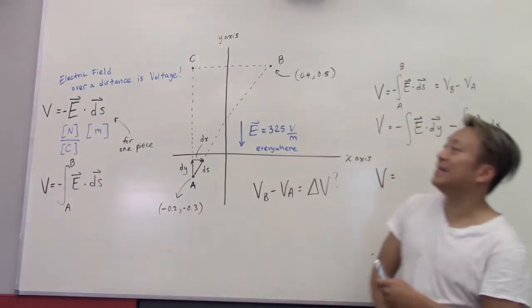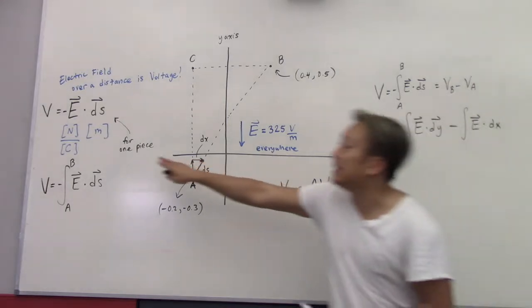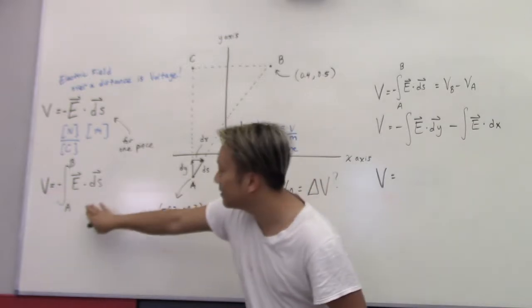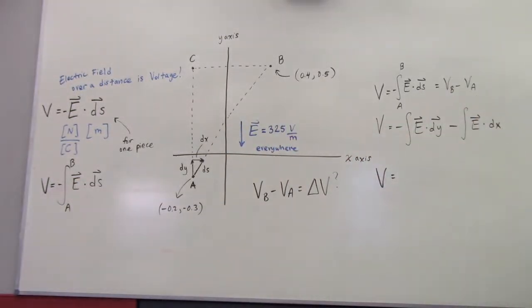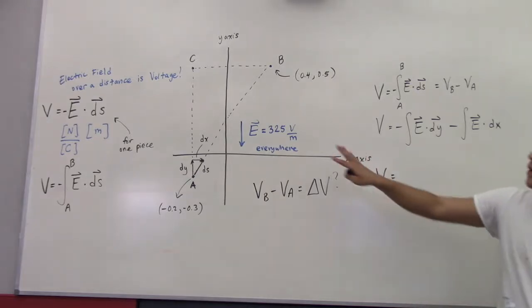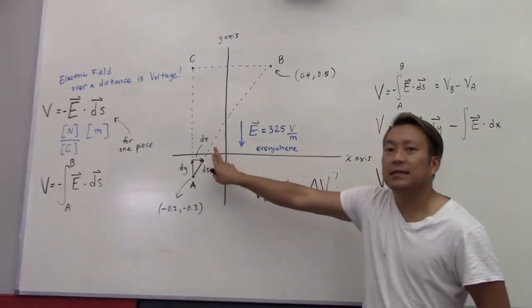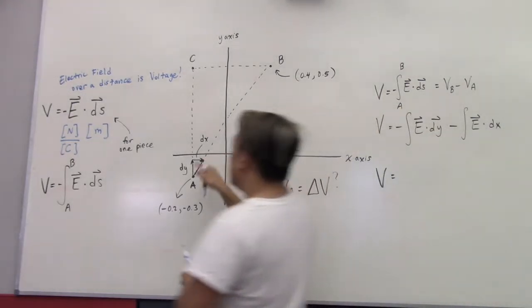Negative E dot ds is the voltage for one piece, but you're going to have to add up or integrate all the pieces, A to B, like so. But looking at this, we could find that direction ds.